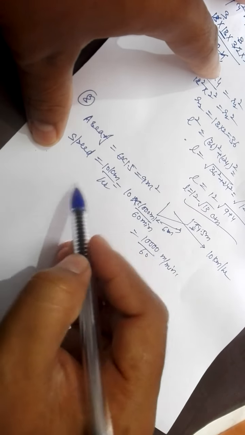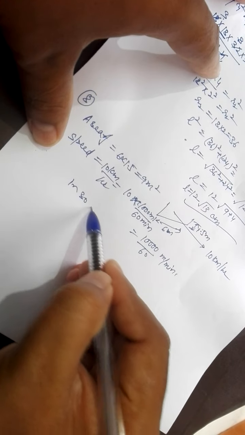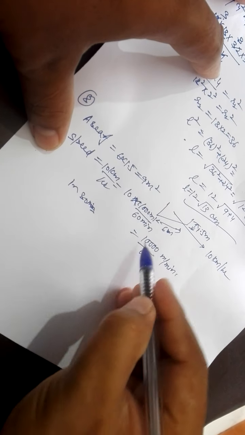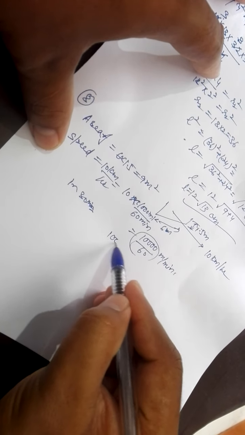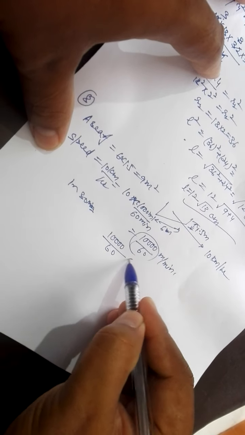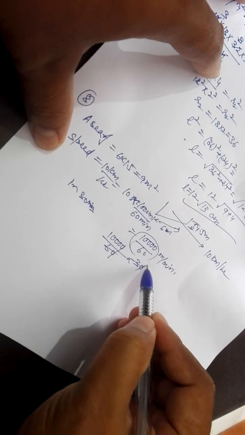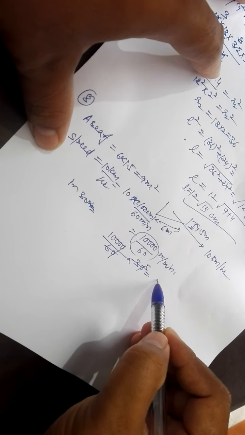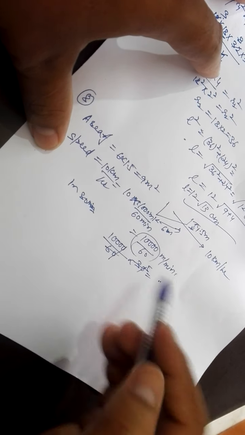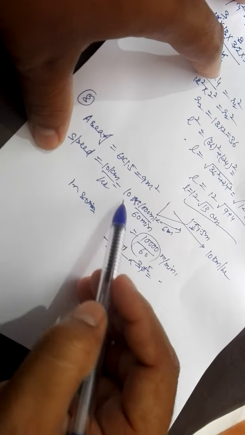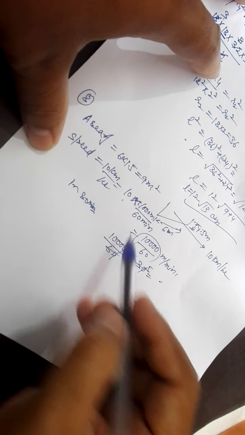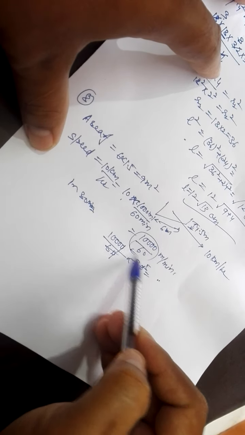In 30 minutes, how much volume? Multiply this with 30. 10,000 by 60 into 30. That is speed.